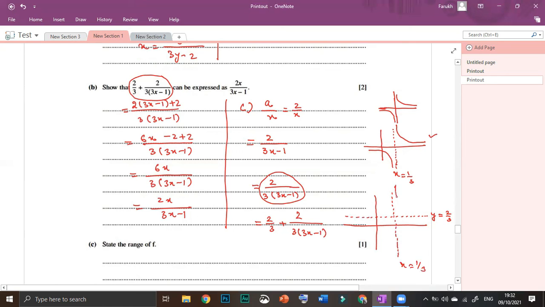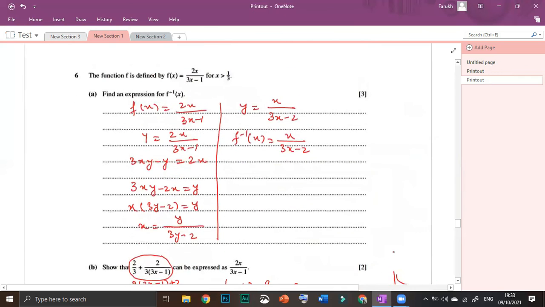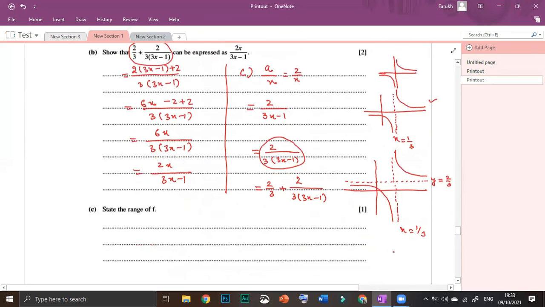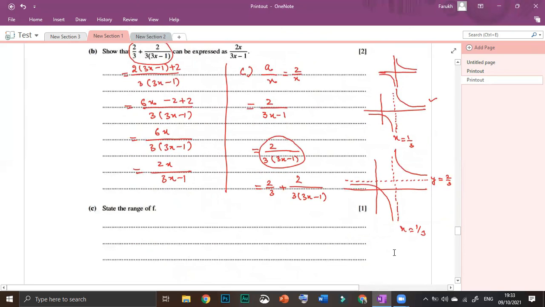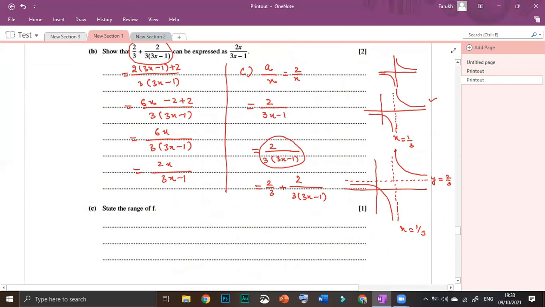Now the shape of the graph is the same, only there is a translation in y. This one is the shape of the graph. Now the domain of f is x greater than or equal to 1 by 3. Now the required portion of the curve is this one.